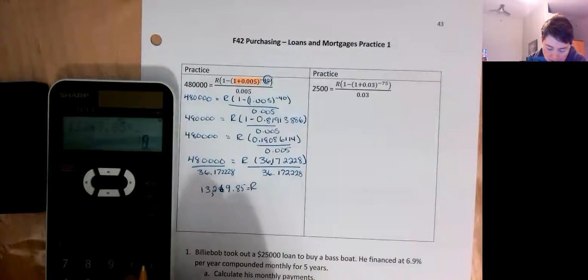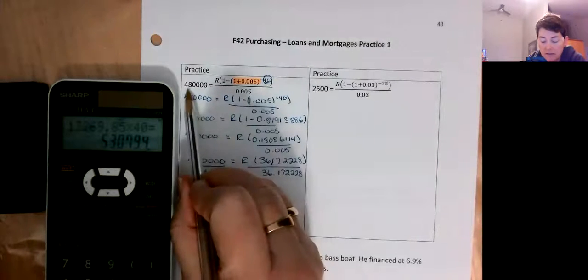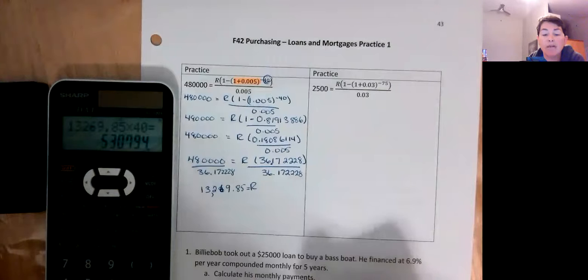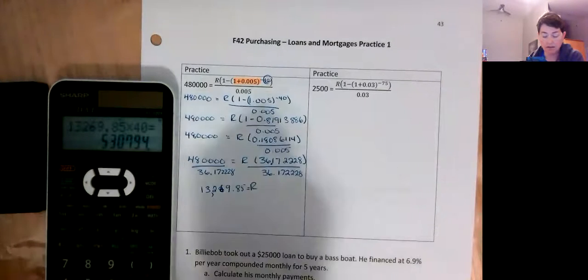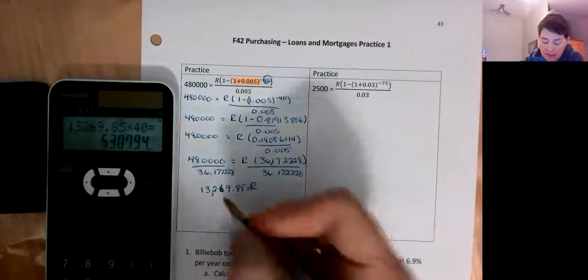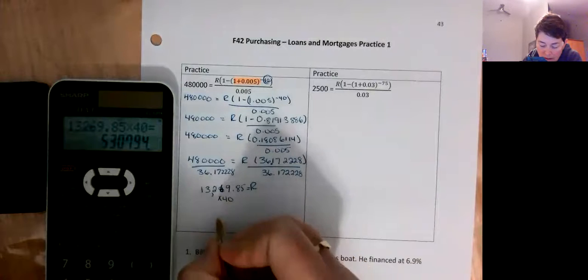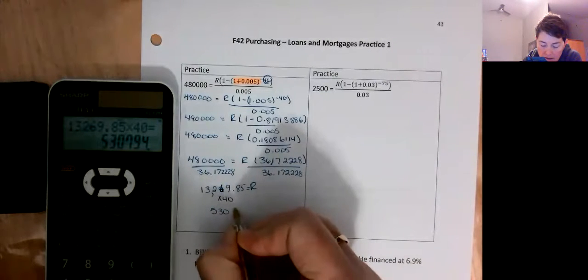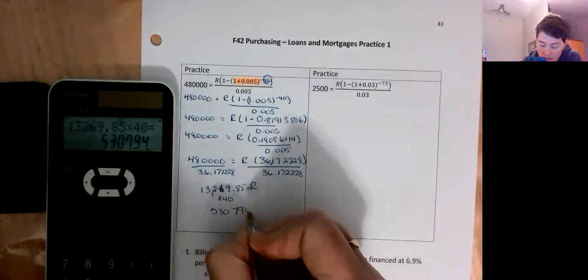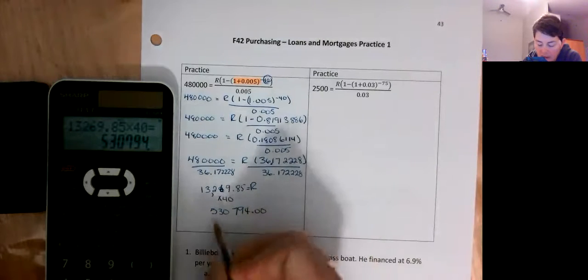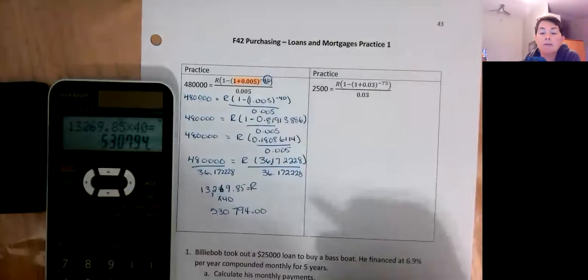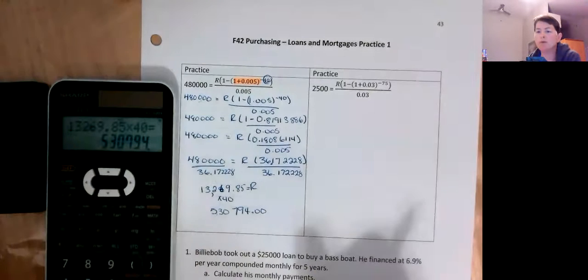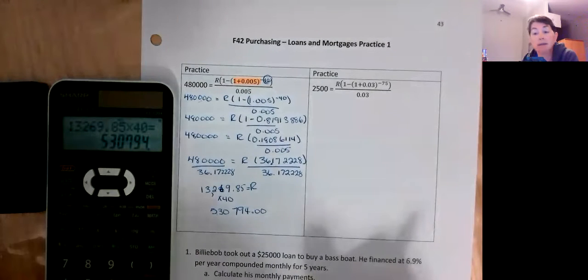That's just an awful lot of money to pay off in 40 payments. So what I did is I took this and I went times 40 and I got 530,794. So this isn't that far off from that. In my brain, I had it to be like a huge number, like over $1 million.